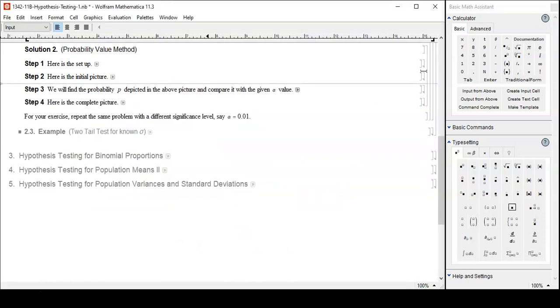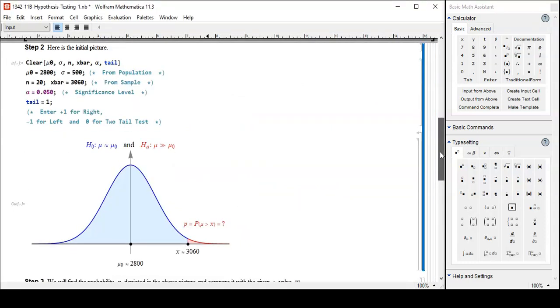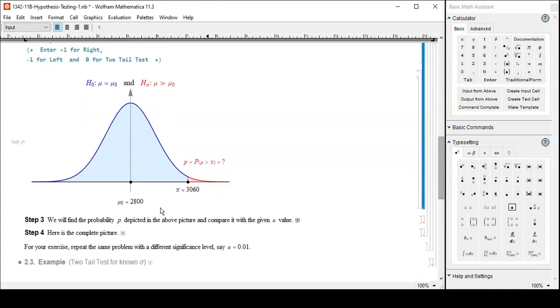All right, let's go back to this notebook. And here's the initial picture, much better picture. 2800 is the null, 3060, and the probability for getting something worse than that simply by luck.